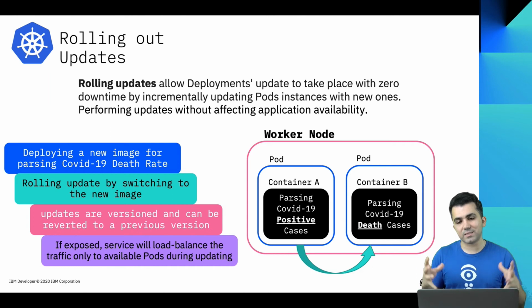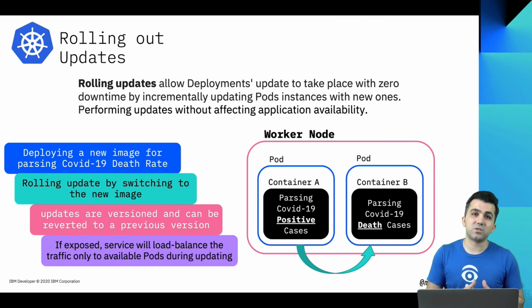Kubernetes' intention is to make all those updates without causing any interruption to your application, and it tries really hard to minimize that downtime to zero, and then incrementally update all your pods or your application instances with new ones, so it doesn't happen all at the same time, just to make sure that you've got some pods up and running while the other pods are updating their image and containers.